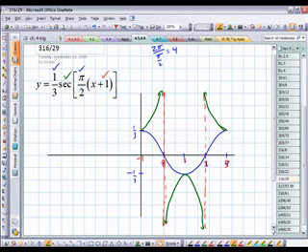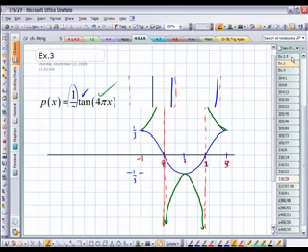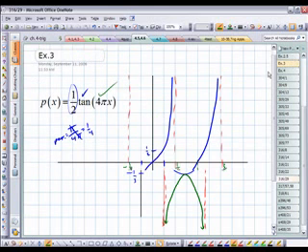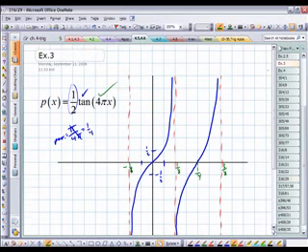Now just to show you a couple more completed examples. To do this one, this is 1/2 tan 4 pi x. In order to do this one, what I first did was I graphed 2 periods of tangent. That's what you see in blue here. That was my tangent.